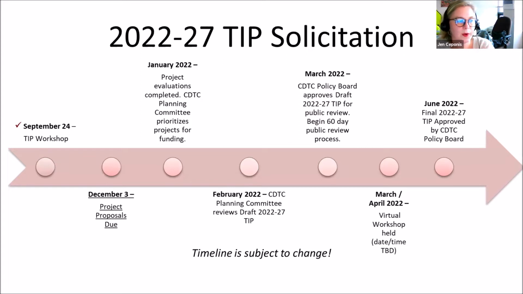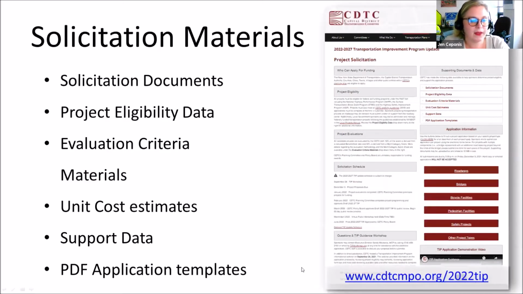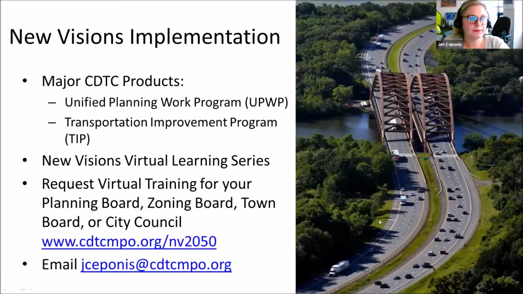But the project proposal date has been extended to December 3rd. And we anticipate having an approved TIP by June 2022. And all of the solicitation materials can be found at www.cdtcmpo.org/2022tip.